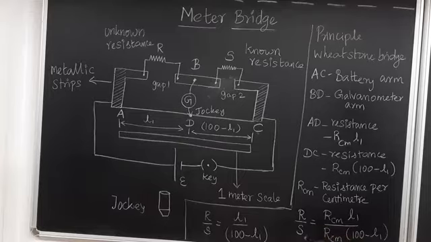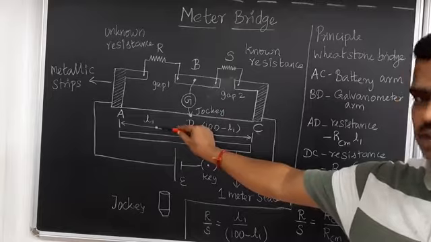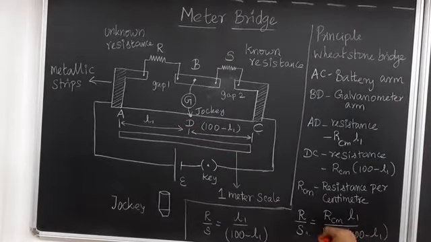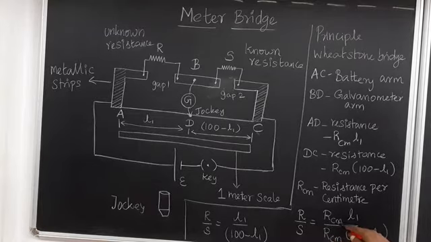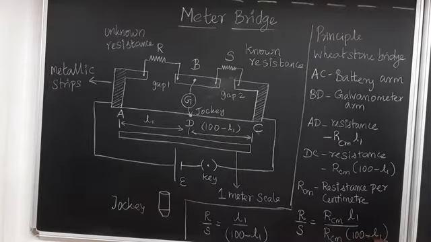Similarly, R by S is equal to R centimeter into L1 over the corresponding resistance. You can rearrange it as P by Q is equal to R by S. Under the balance condition, R by S, where R is the unknown resistance and S is the known resistance, is equal to R centimeter into L1 divided by R centimeter into 100 minus L1.